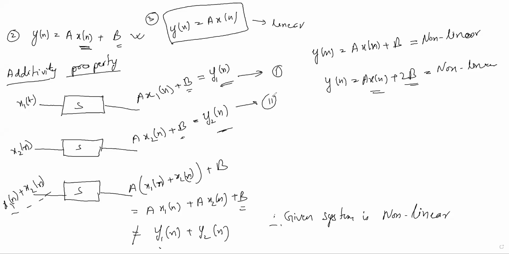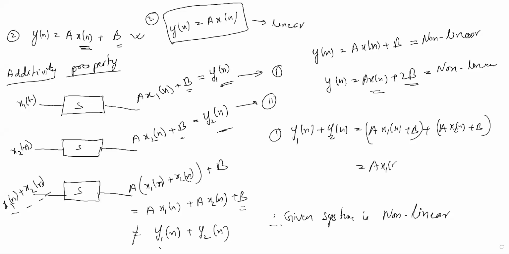If we take these two equations 1 and 2 and sum them, we get y1 of n plus y2 of n equal to a x1 of n plus b plus a x2 of n plus b. We can write this as a x1 of n plus a x2 of n plus twice b.